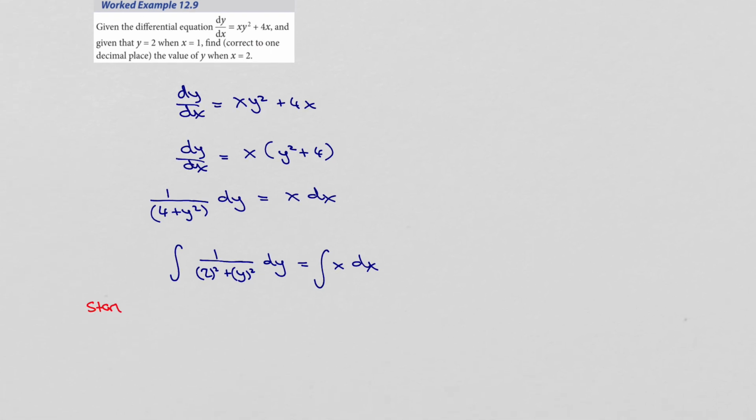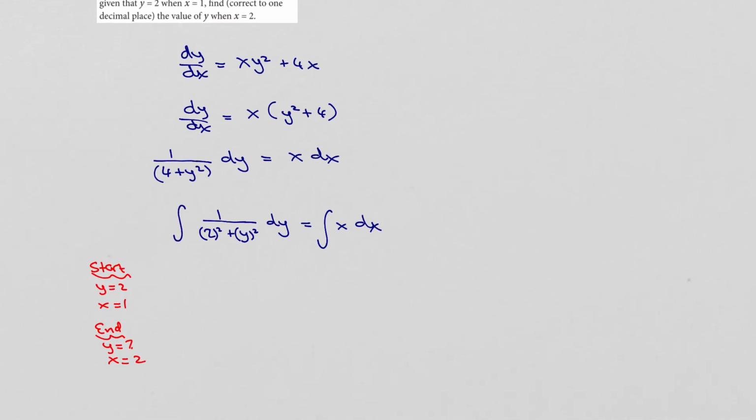So at the start, we have given that y is equal to 2 when x is equal to 1. Find the value of y when x is equal to 2. Okay, so that means my start limits are my lower limits and my end limits are my upper limits.